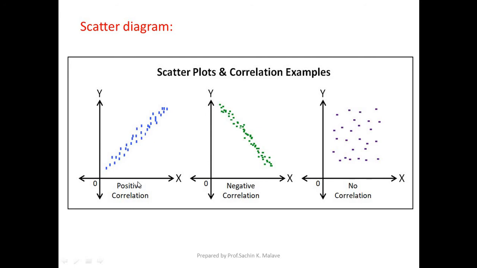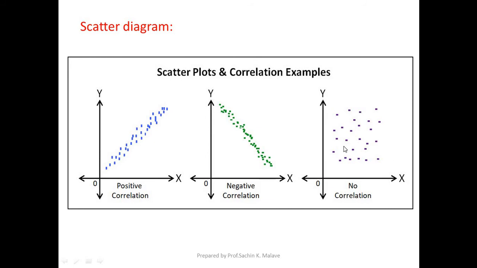Then there is a negative correlation. Exactly opposite to the positive correlation, an increase in the driving factor causes a decrease in the performance characteristics. As x increases, y decreases. So negative correlation is an opposite-side correlation.